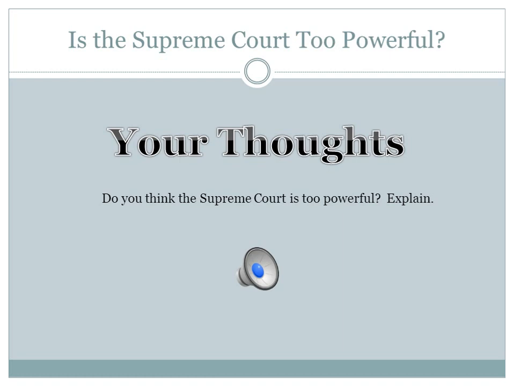They're the final say, basically. And they can determine the direction of law. So do you think the Supreme Court is too powerful? And if not, explain. And if so, please explain.